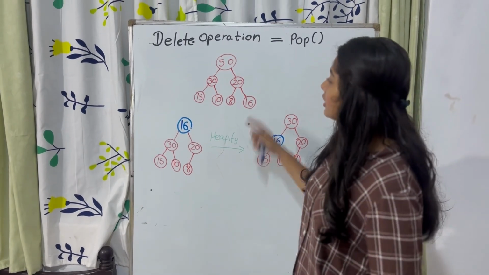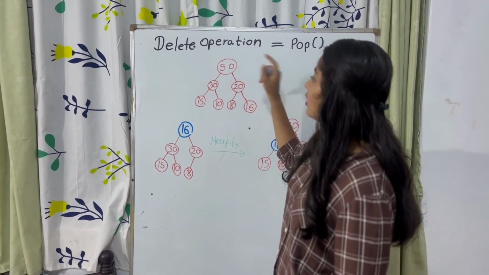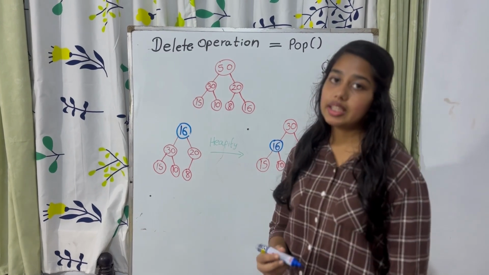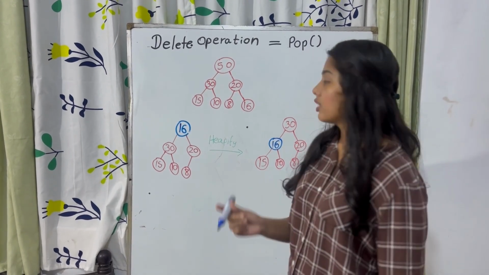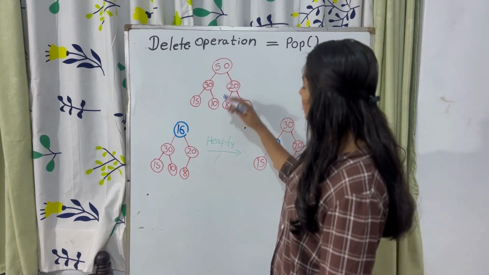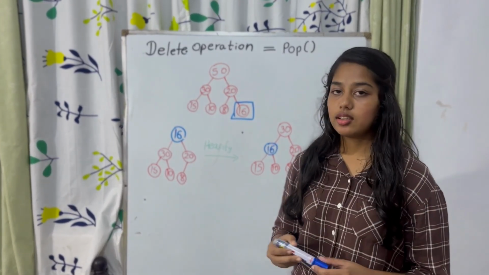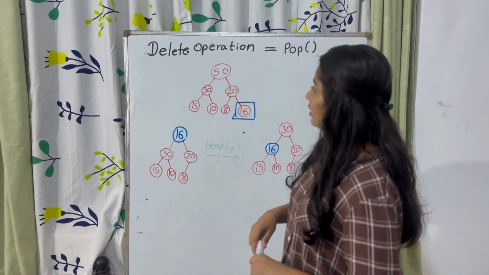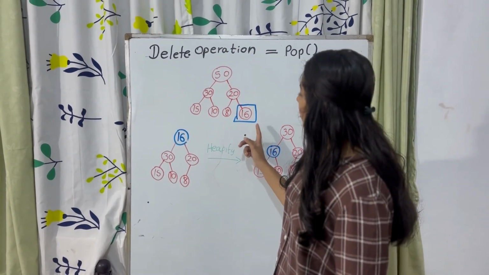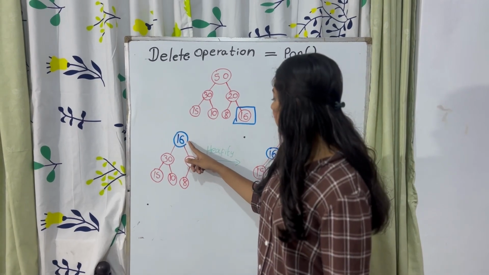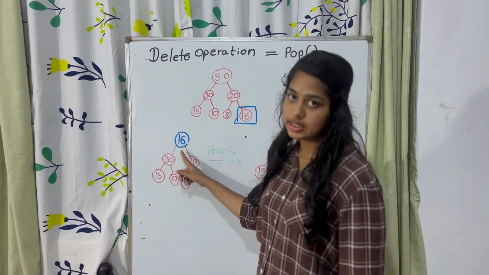After removing the root node, we should replace it with the last node. In this tree, the last node is 16. So after deleting 50, we have to replace it with 16.